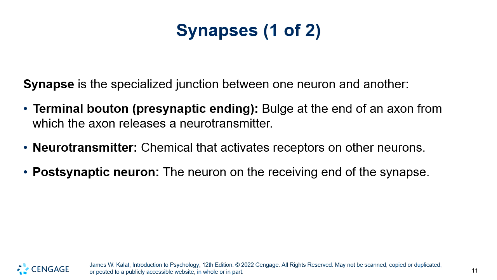Then usually the neurotransmitters are released. Know that a neurotransmitter is a chemical that activates receptors of other neurons, okay? This happens with little sacs called vesicles, which release the chemical messengers, the neurotransmitters, into the synaptic cleft. Again, that tiny gap between neurons.